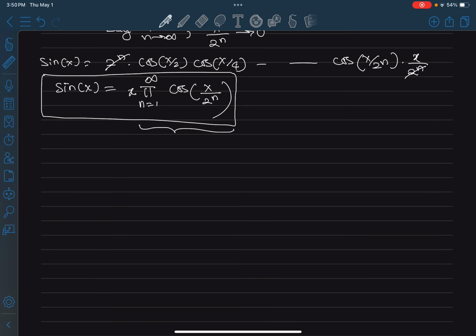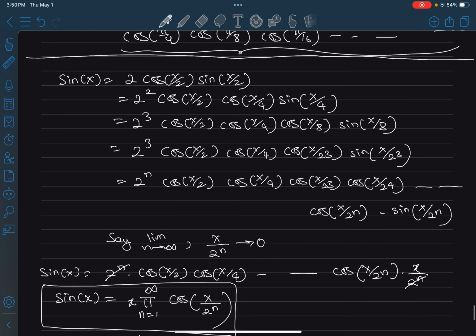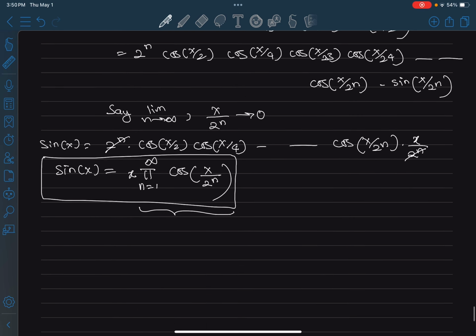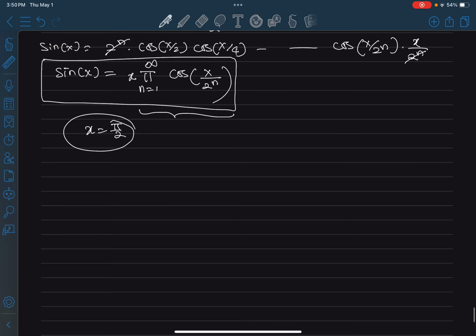So let's say, okay, so over here, if we just substitute x as pi over 2, let's see what we get. We get sine of pi over 2 equals pi over 2 times product from n equals 1 to infinity cos of pi over 2 to the power n plus 1, right?